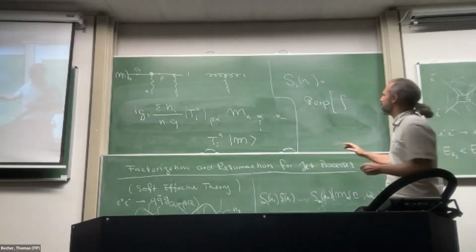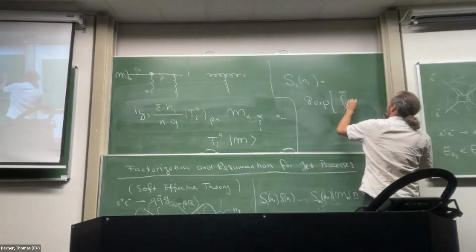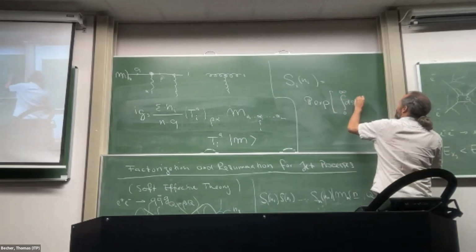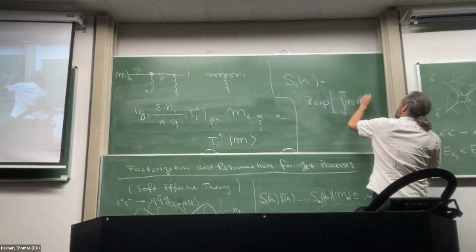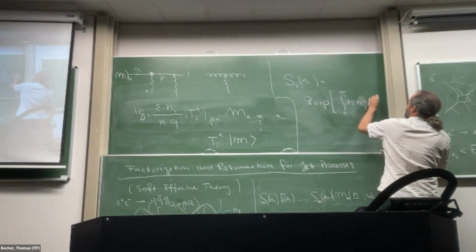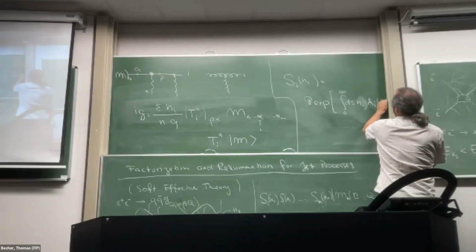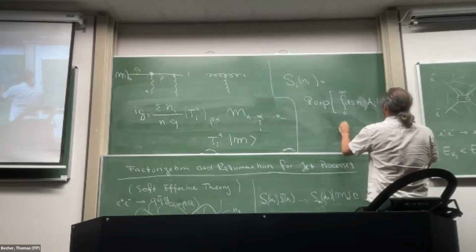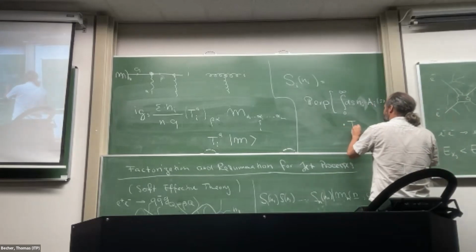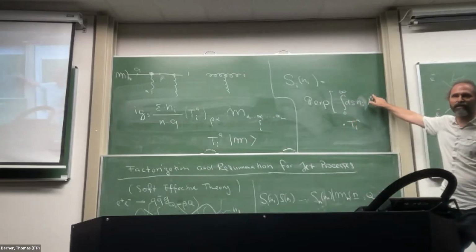Here all the particles are outgoing, so I would integrate from 0 to infinity ds, and then I take the color field along the direction, n_I dot A at s times n_I, times the color matrix T_I^A contracted with the color index of the gluon.